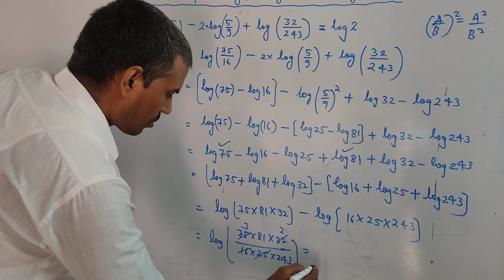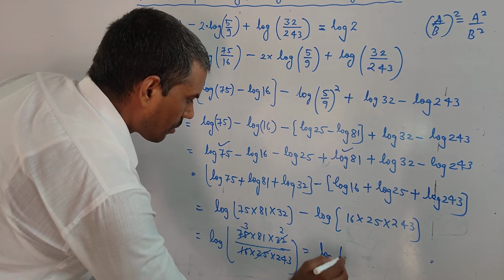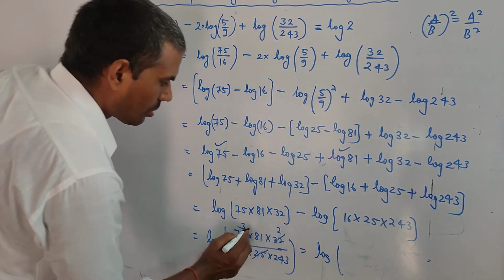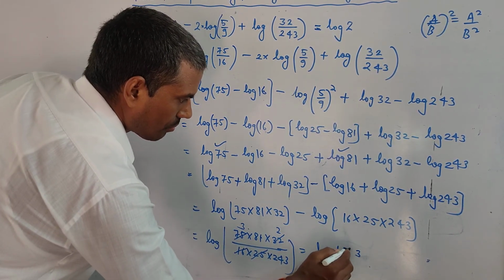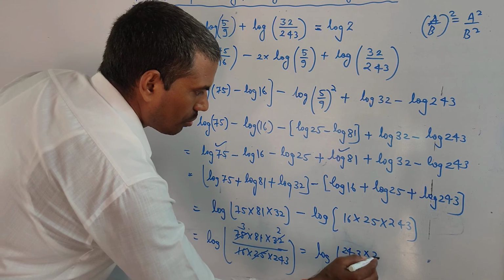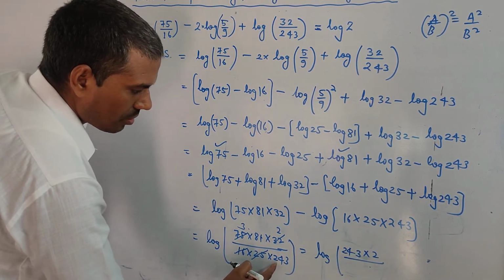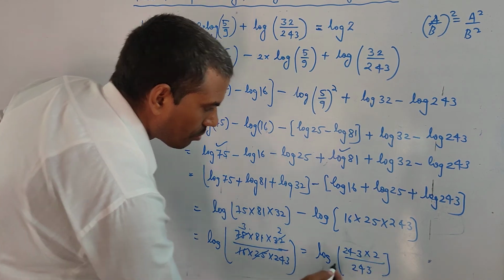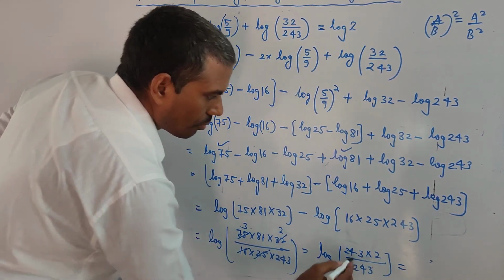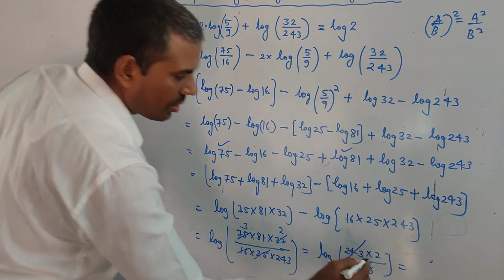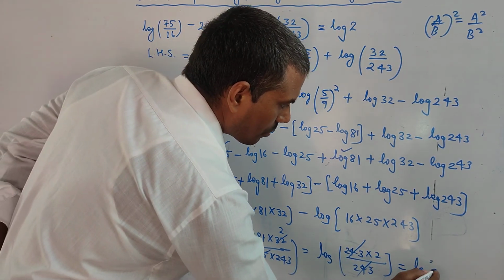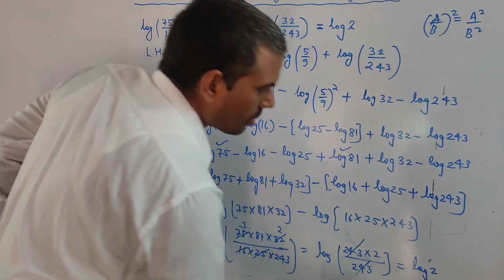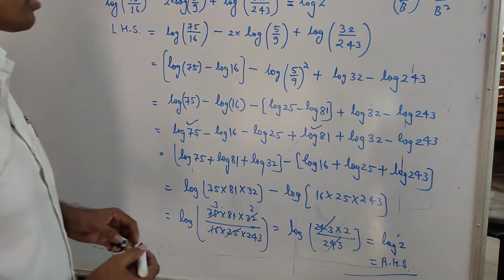This is equal to log of 3 twos are 6, 3 ones are 3, 3 eights are 24, 243 into 2 upon the remaining number 243. 243 gets cancelled, we have log of 2, and this is the right hand side of the given question. So hence proved.